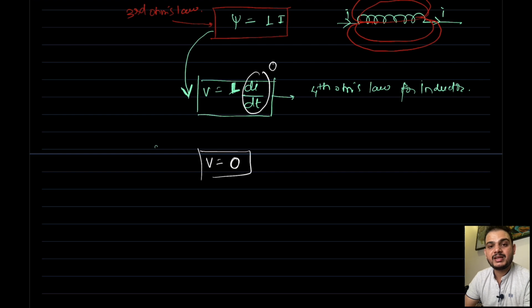Now how do we represent 0 volts? By using a short circuit. Voltage is 0 means short circuit; current is 0 means open circuit. That is the reason when we give DC supply to the inductor, it gets short circuited.